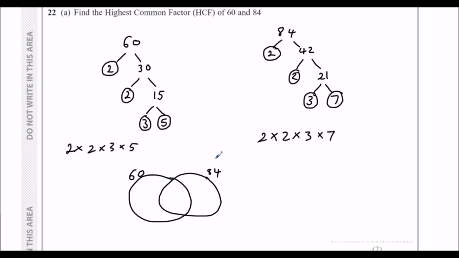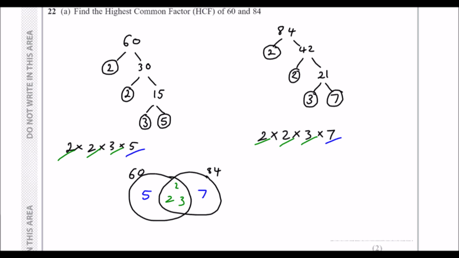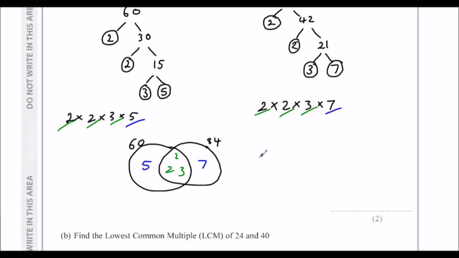In the middle, I'm going to put what they've both got in them. So they've both got a 2 and another 2 and a 3. Then the 60 has also got a 5, and the 84 has also got a 7. The highest common factor is the ones they share, the middle bit. So the middle bit is 2, 2 and 3. So the highest common factor is 2 times 2 times 3.